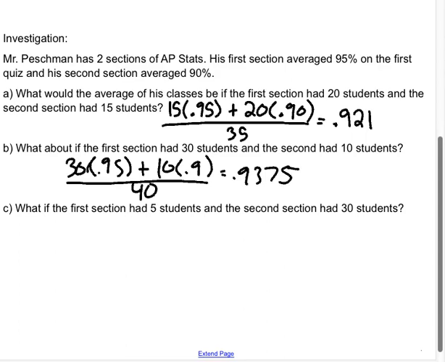This time, notice that my entire class average is greater than the 92.5 that you might expect, because this time my first hour, which got the better score, was weighted more heavily. There were more of them contributing to my average.